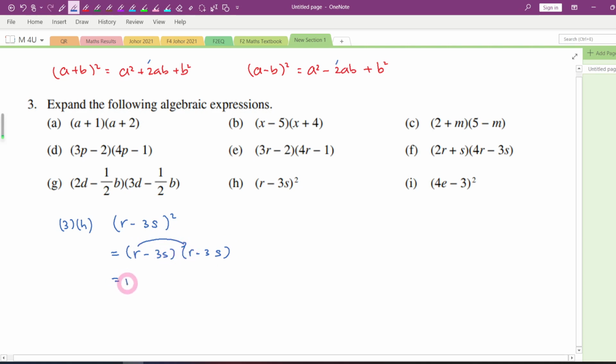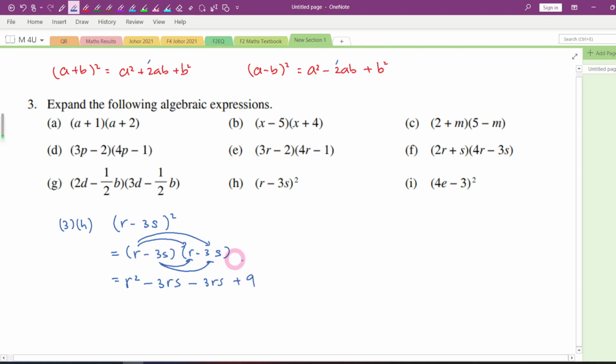r times r, you get r squared. Positive, negative, you get negative. So here is 1 times 3, you get 3, so rs. Now focus on negative 3s. Negative, positive, you get negative 3rs. Negative, negative, you will get positive, 3 times 3, you get 9.